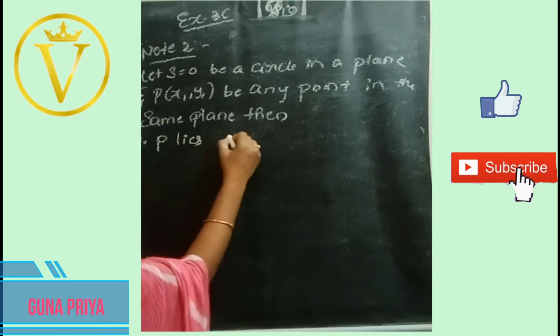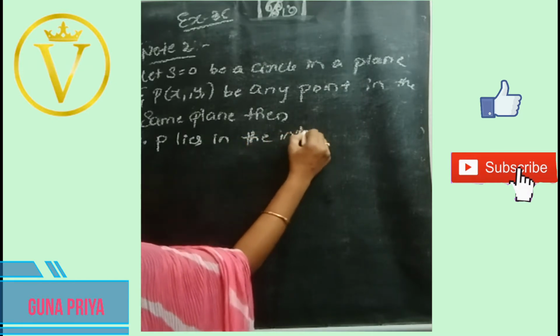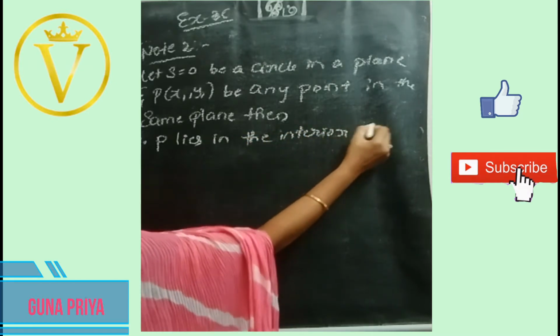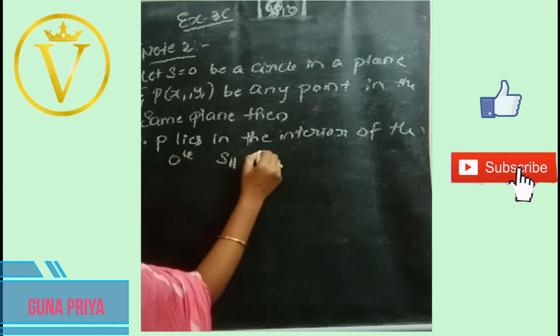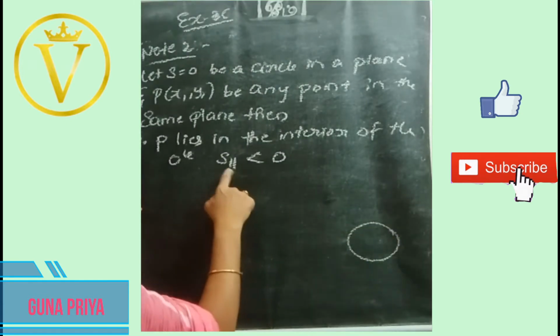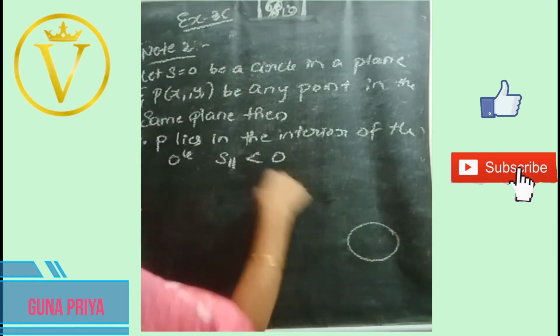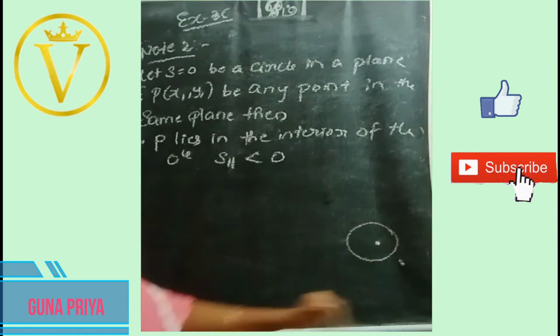P lies in the interior of the circle if S11 is less than 0. This is the circle. If S11 is less than 0, that means interior. This is the interior point and this is the exterior point of the circle.